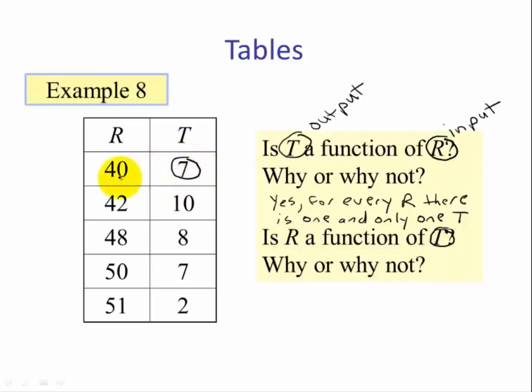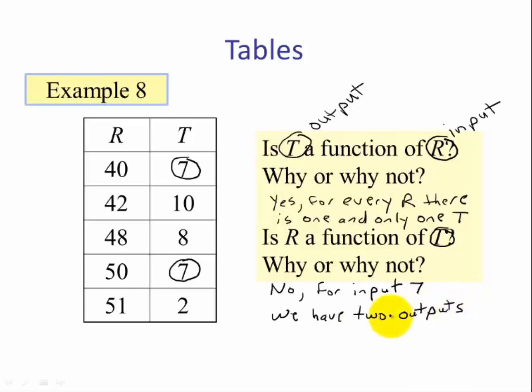We have a 7 going to a 40, but then we have a 7 going to a 50. So this is not a function, and the reason why is for the input 7 we have two outputs, and those outputs are 40 and 50.